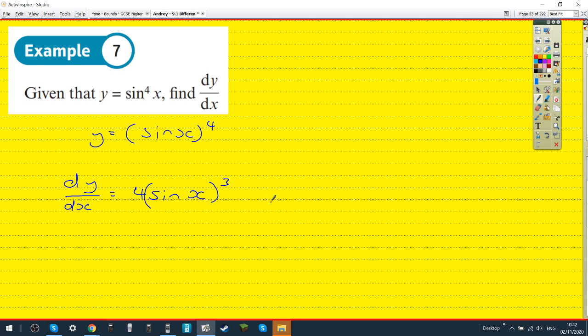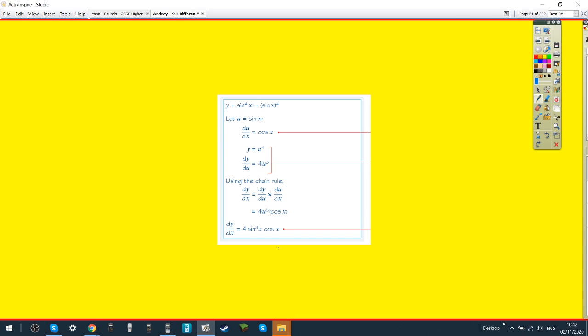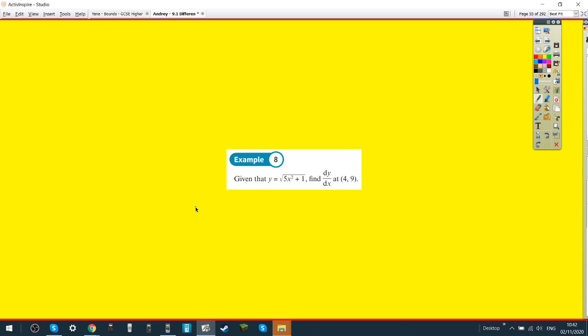Yep, which is cos x. There you go. 4 times sine x cubed cos x, or using the way they wrote it, 4 sine cubed x cos x, like that. That's probably how they have the answer. Yep. Grand. And so you don't have to go through all this, let y be equal to this, let u be equal to that.